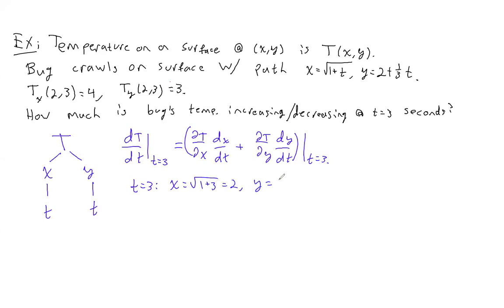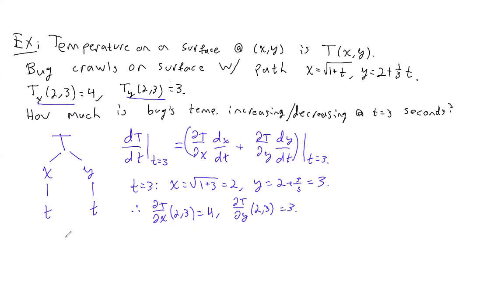And y equals 2 plus 3 over 3, or in other words, 3. Now you see why we really care about T sub x at (2, 3) and T sub y at (2, 3). Those are important pieces of data for us, because what we're really interested in is del T del x at (2, 3), and that's 4, and del T del y at (2, 3), meanwhile, is 3.